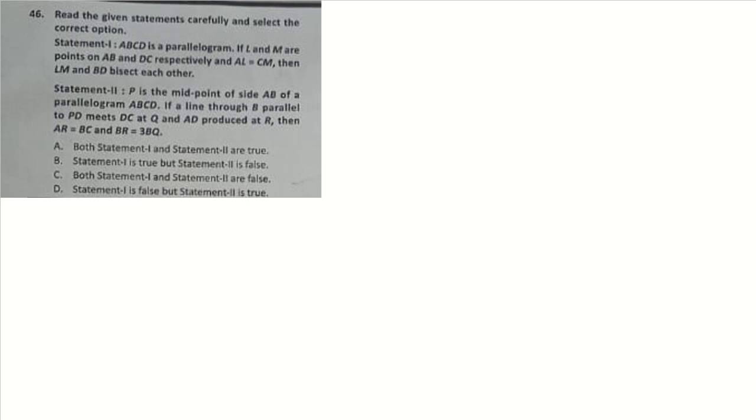Statement 1: ABCD is a parallelogram. If L and M are points on AB and DC respectively, and AL equals CM, then LM and BD bisect each other. So we have parallelogram ABCD.